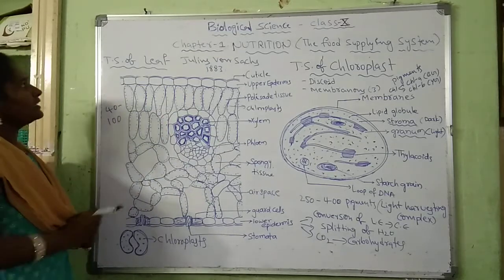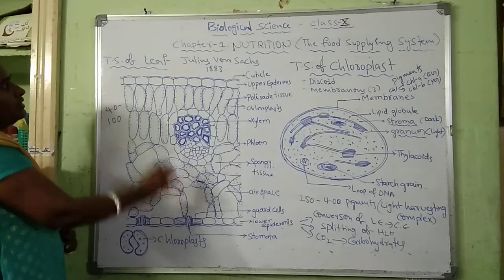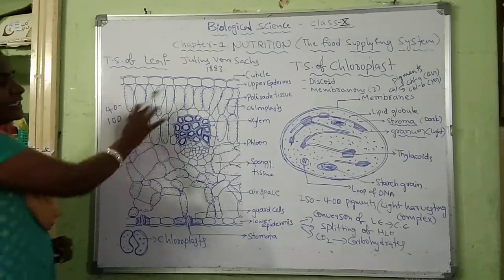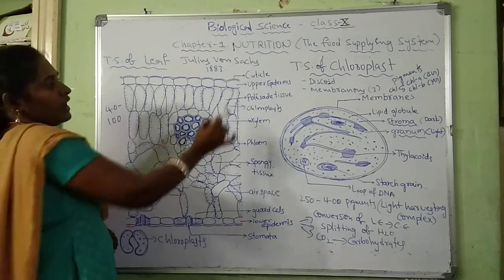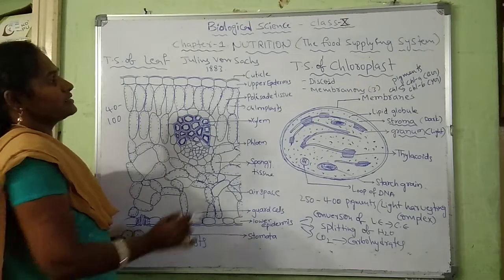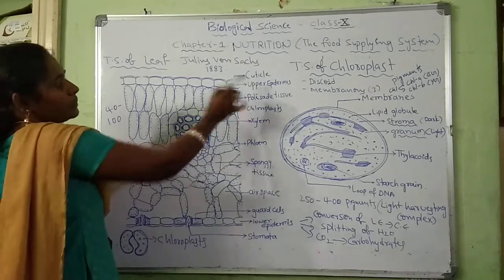So we will see the TS of the leaf, the transverse section of the leaf. Here in the TS of the leaf, there are an upper epidermis and a lower epidermis. The cuticle is present on the upper epidermis.